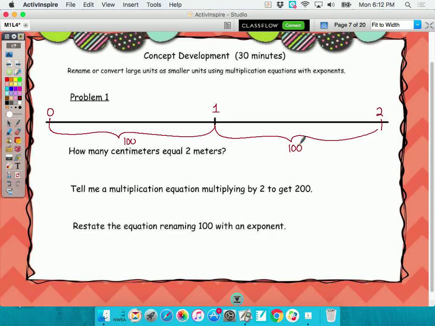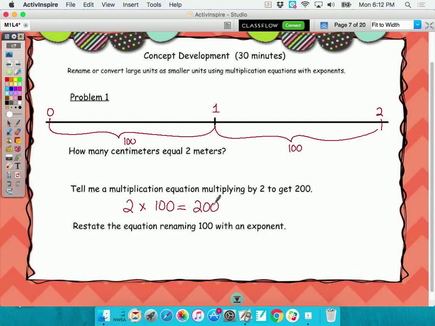So tell me a multiplication sentence that I could use with a 2 in it to figure out the answer to this. If I know there are 100 centimeters in a meter, I can simply multiply 100 times 2.